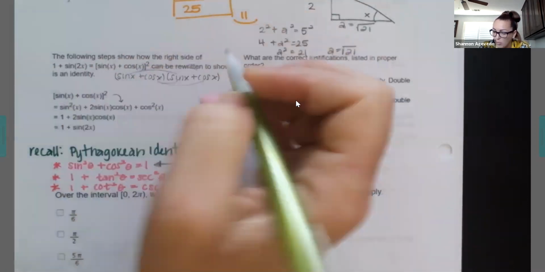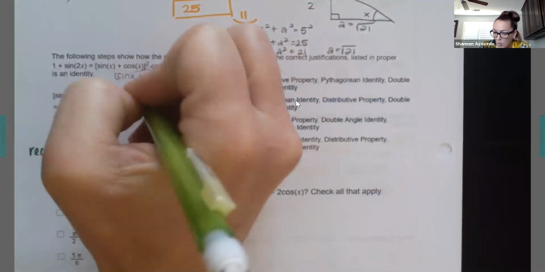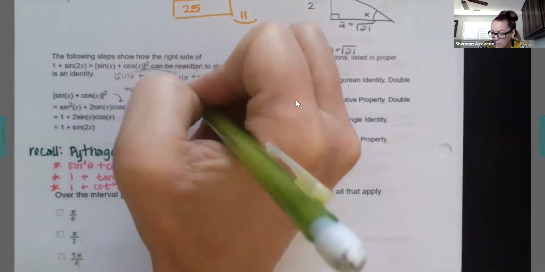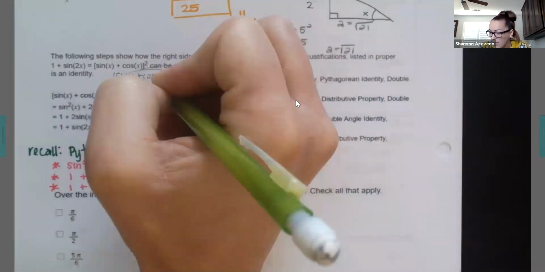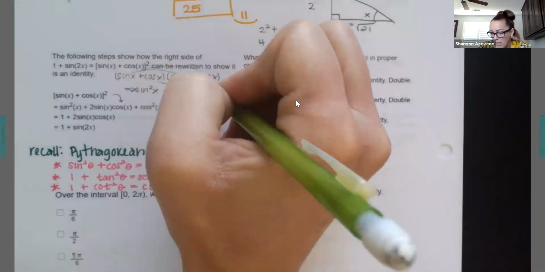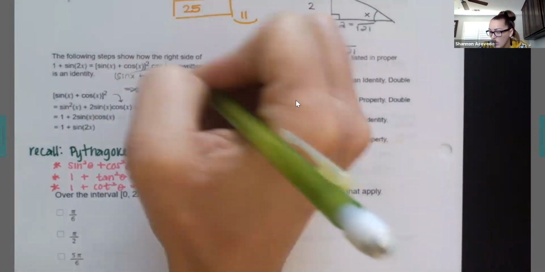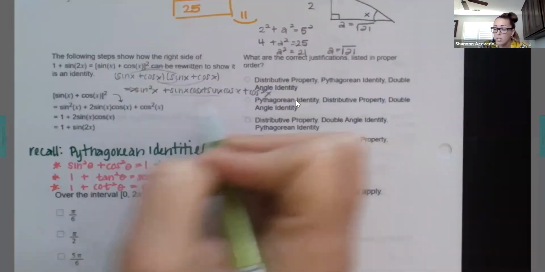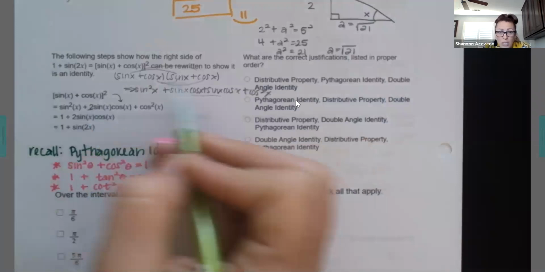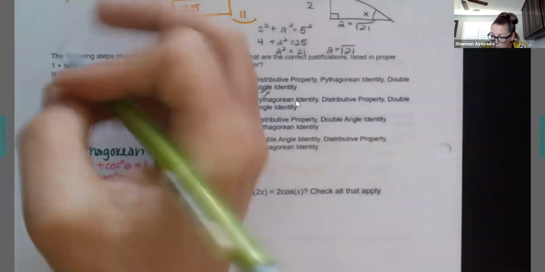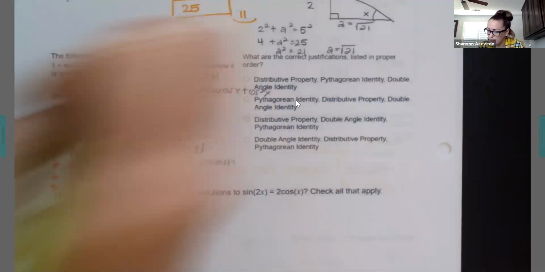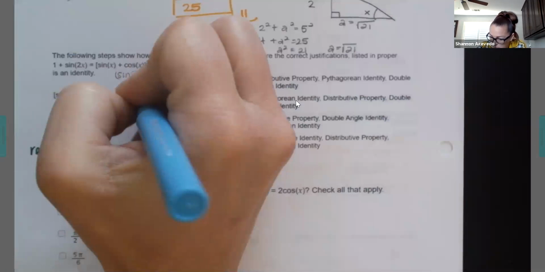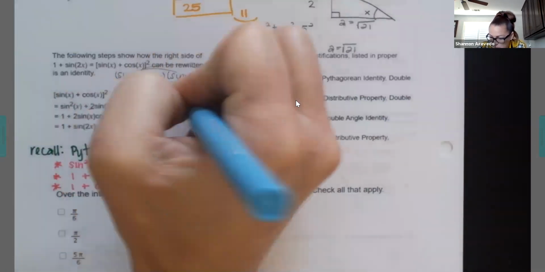And when you distribute it through, you get a sine squared of x plus a sine of x cosine of x, plus another sine of x cosine of x, and then you get your cosine squared of x. So this is where the 2 comes from. So what did we do here? We just distributed. Let me write it in a color. This was just the distributive property.